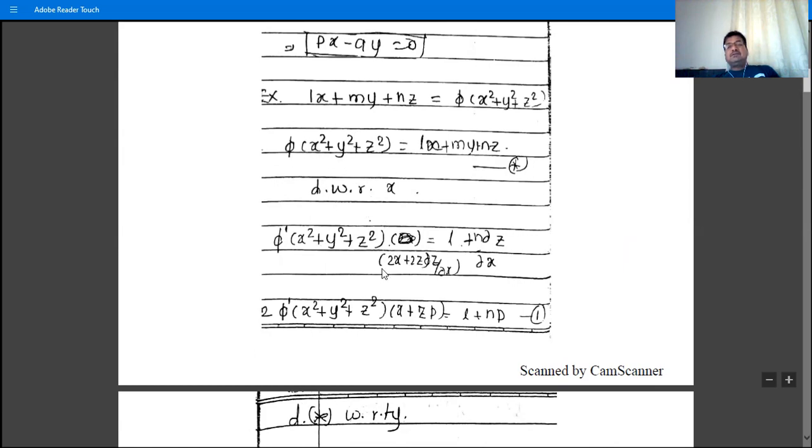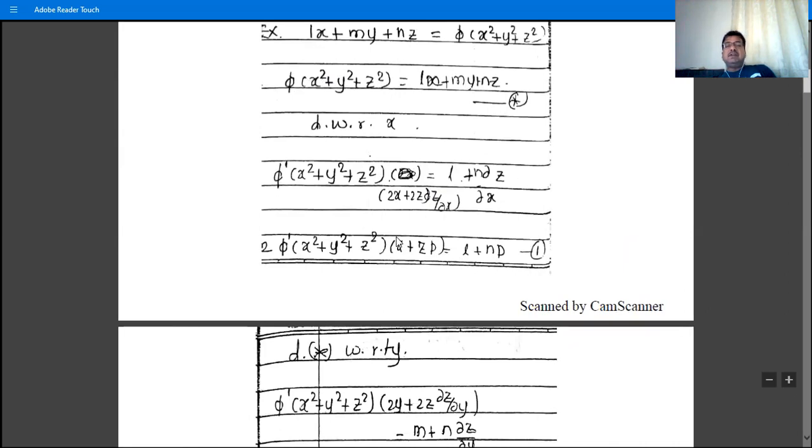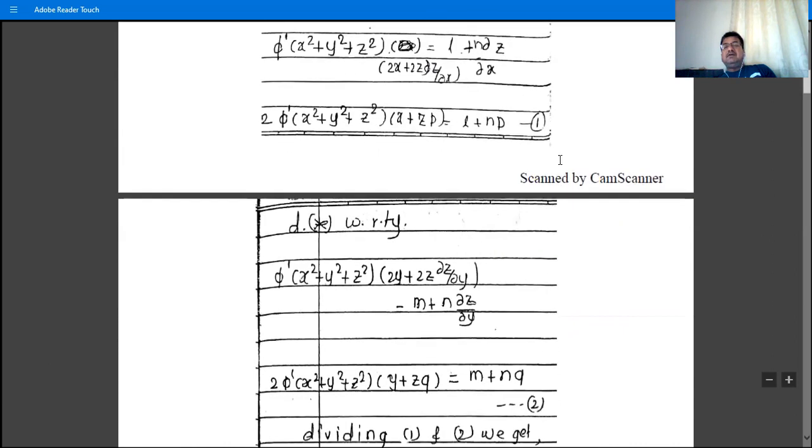The derivative of x² is 2x, the derivative of y² is 0, and the derivative of z² is 2z ∂z/∂x. On the right, the derivative of lx is l, my is 0, and nz is n ∂z/∂x. Here ∂z/∂x is p. Taking 2 common, 2 phi dash (x² + y² + z²)(x + zp) = l + np, equation number 1.